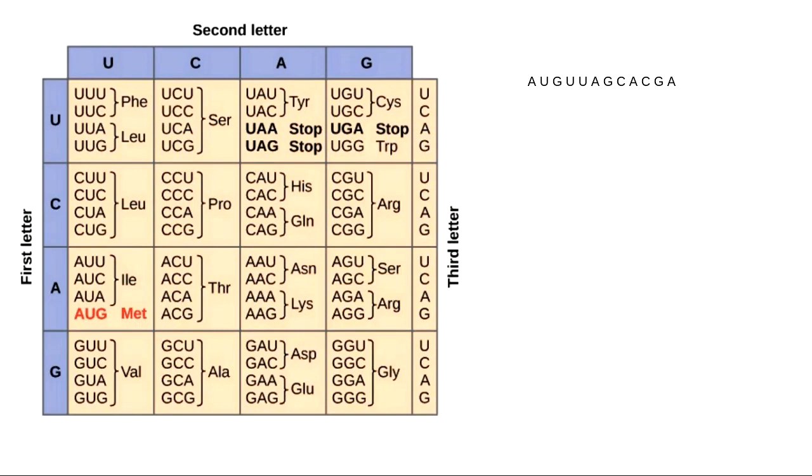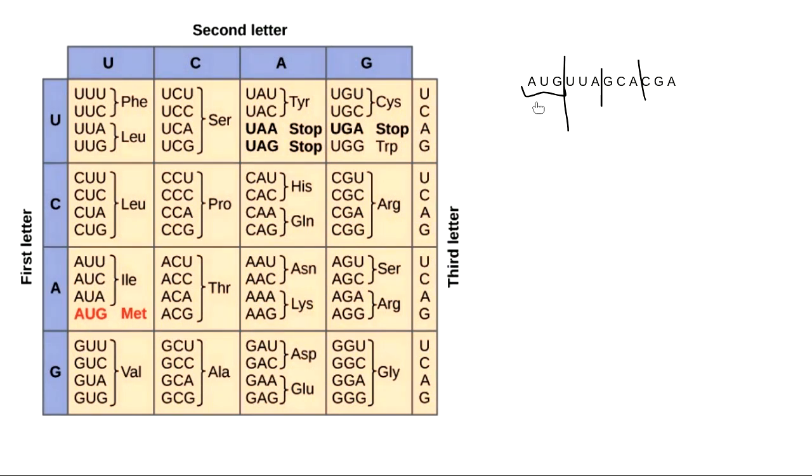Yeah, a couple of us are telling me. I promise it's not a trick question. There are 3 letters per codon, right? So the first thing I want you to do on your paper when you're working on stuff is go through and divide it into codons.